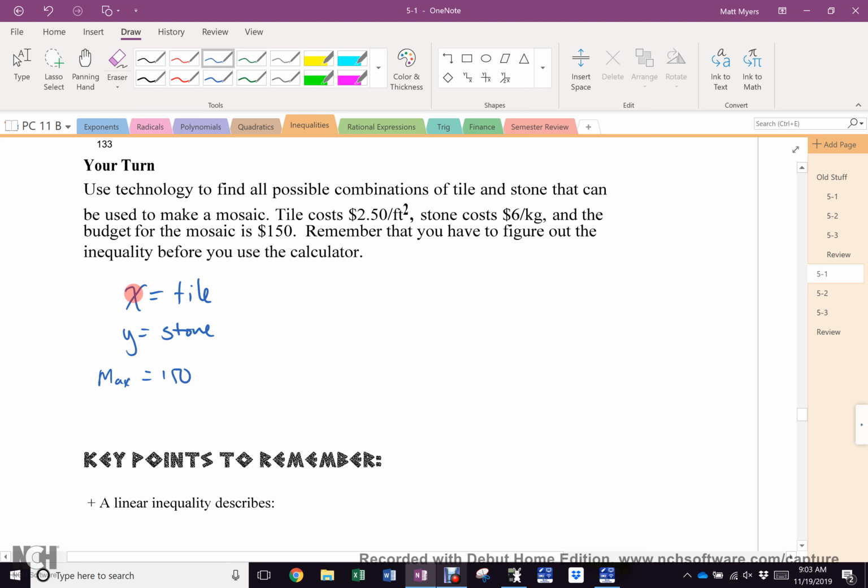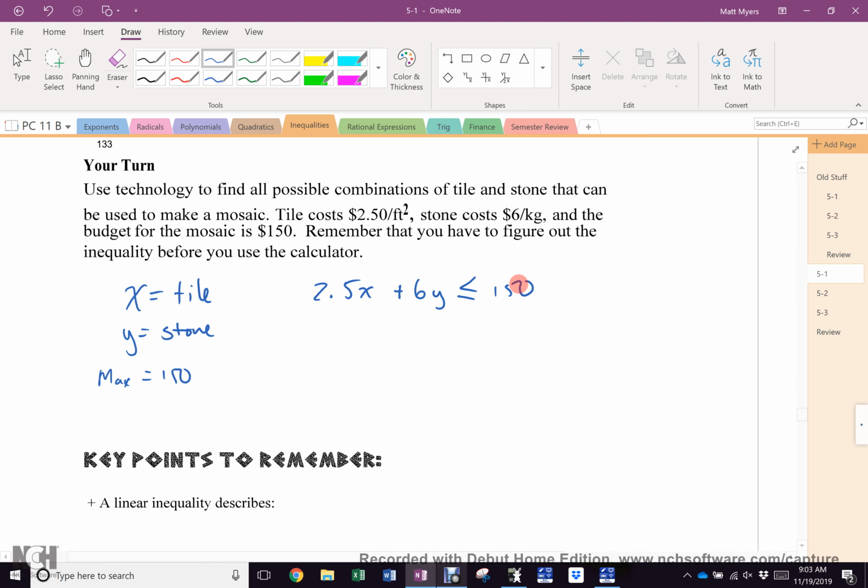So how much is the tile? 250x. If I buy 1 meter tile, I'm paying 250, right? So 2.5x plus 6y has to be what? Less than or equal to what? 150. Right? Easy peasy lemon squeezy.